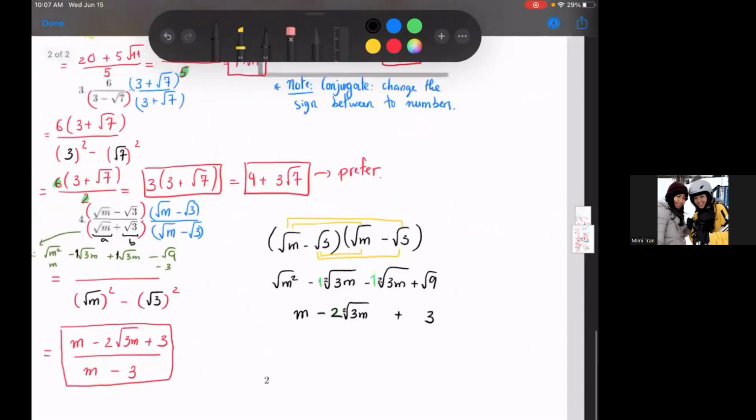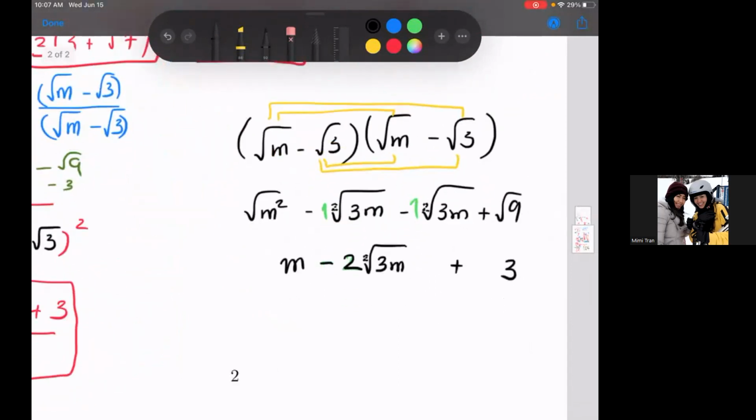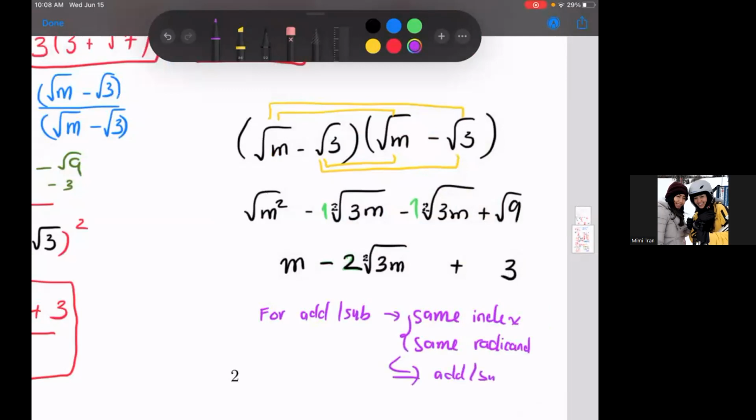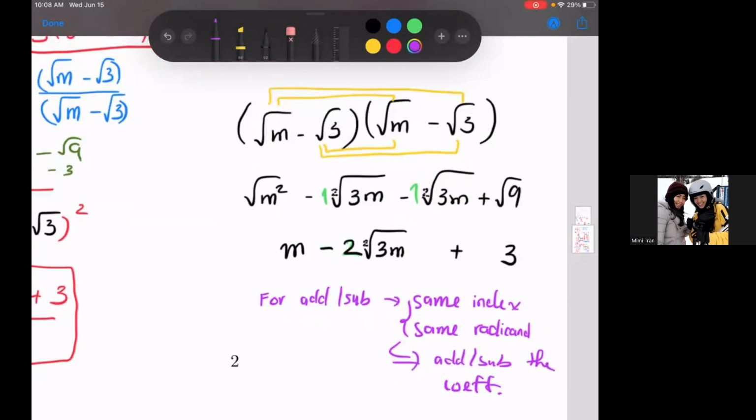Let me write something here in purple. For addition and subtraction, if you have the same index and the same radicand, what does radicand mean? The number under the root. What can you do next? You can add or subtract the coefficients.